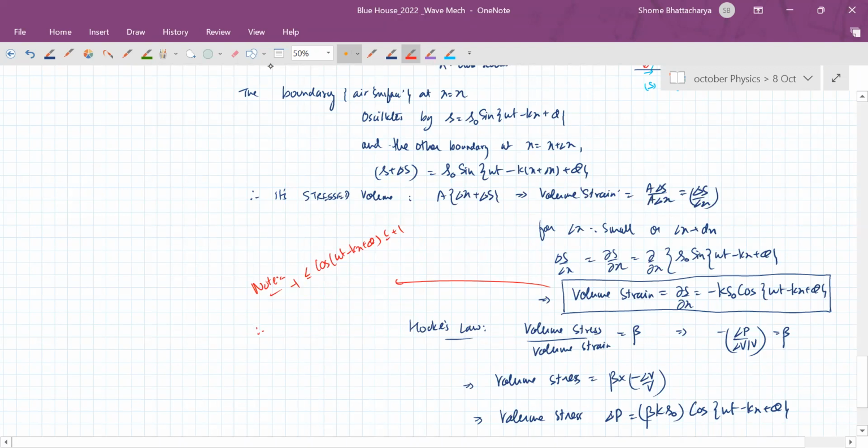So therefore, the volume strain alternates between negative, which means that there's a compression because the volume is decreasing, and positive, which means there's a rarefaction, with frequency.